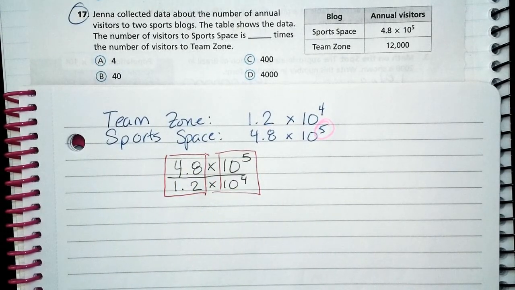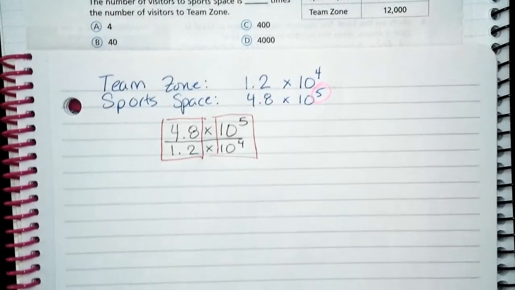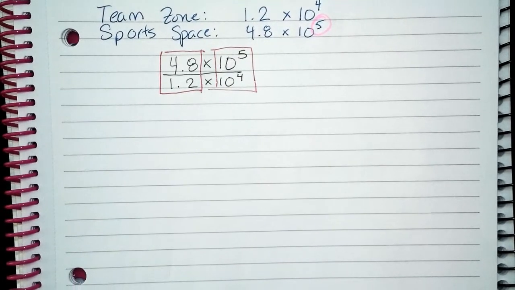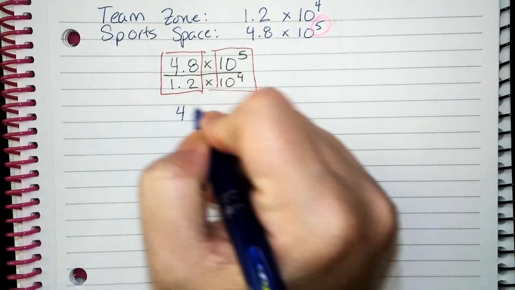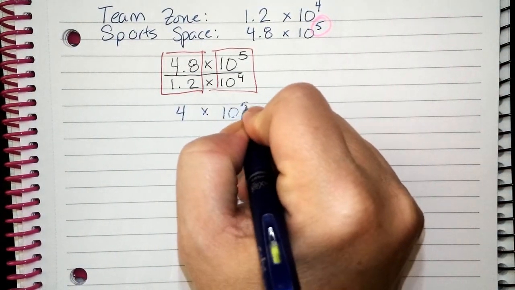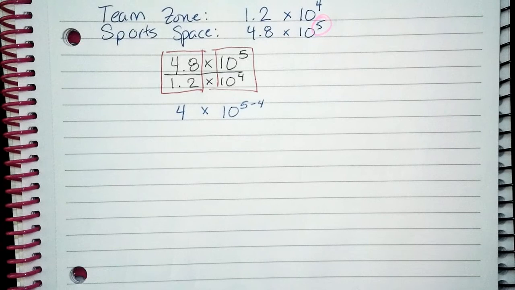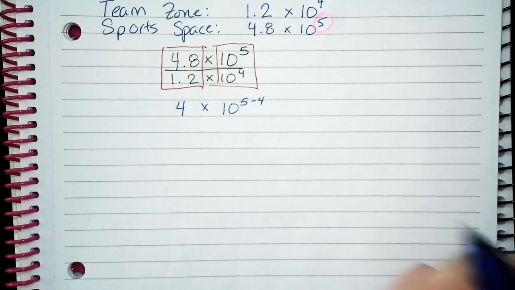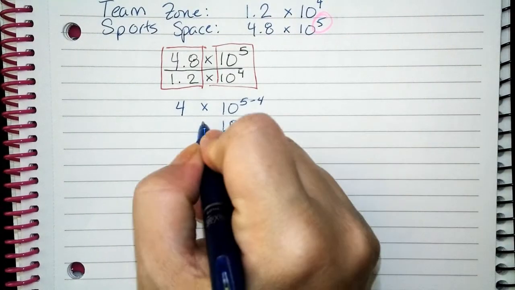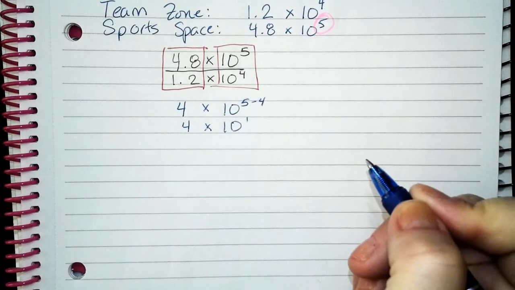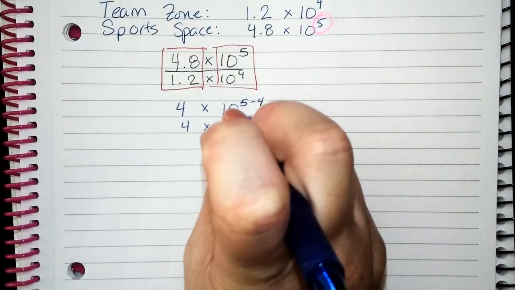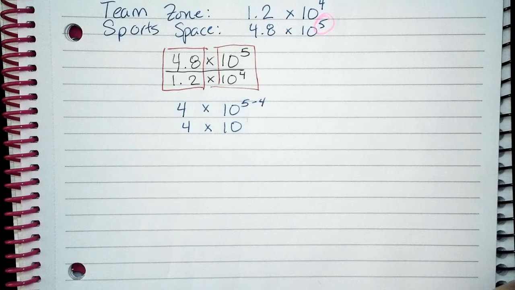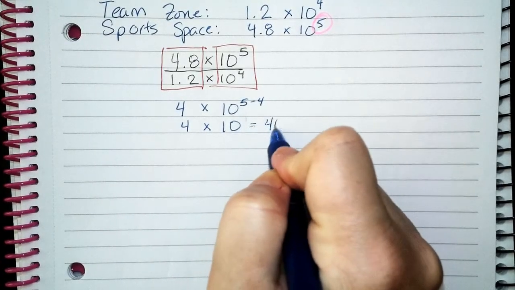So 4.8 divided by 1.2, or you could think about it as 48 divided by 12 gives you 4. Then we have 10 to the 5th power minus the 4th power since they're being divided. So 5 minus 4 is 1, so that gives us 10 to the 1st power. We know 10 to the 1st power is 10. So we can take that exponent away. 4 times 10 is 40.